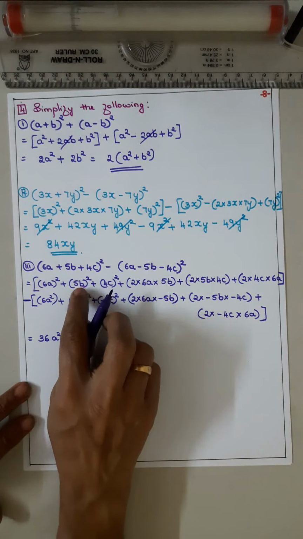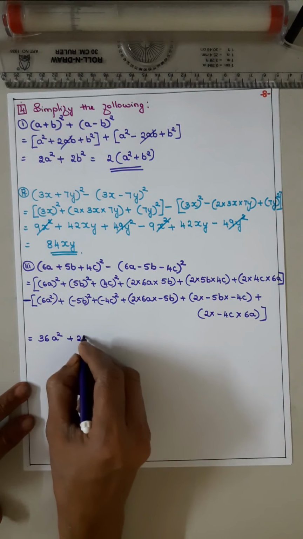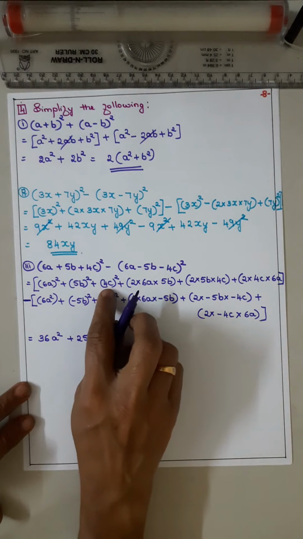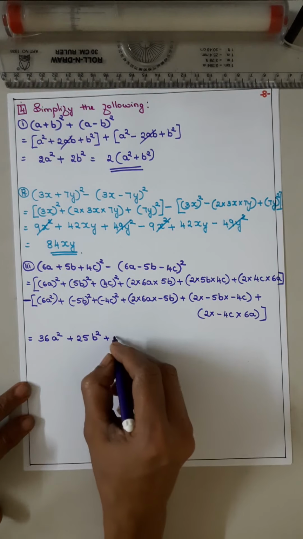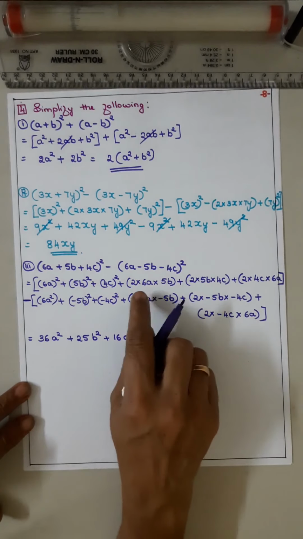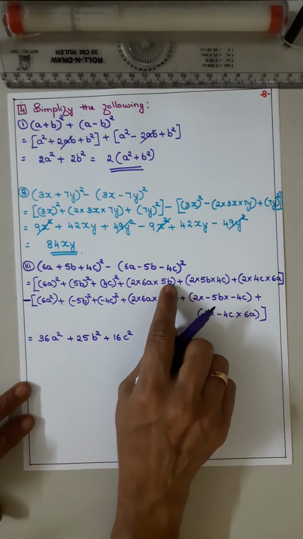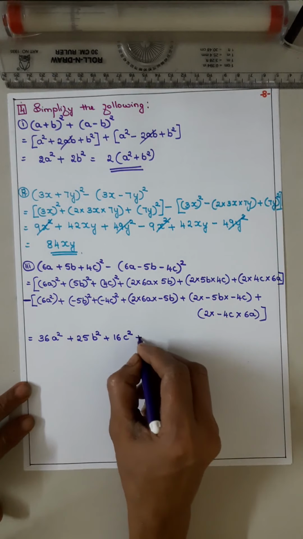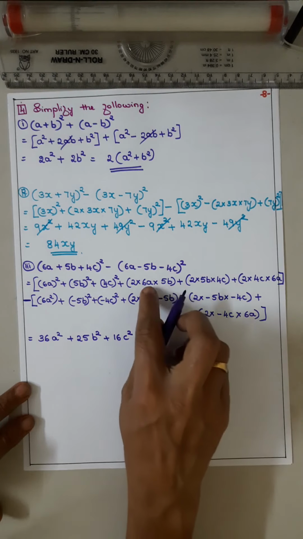This is plus 5 squared is 25b². 4 square is 16c². Now 2 5s are 10, 10 6s are 60, plus 60ab.